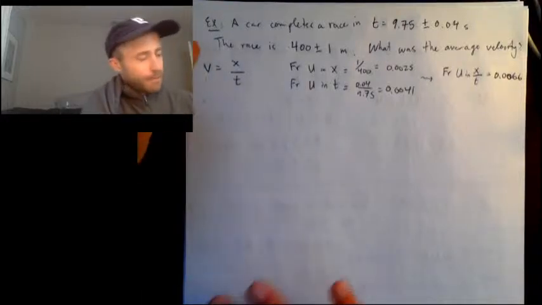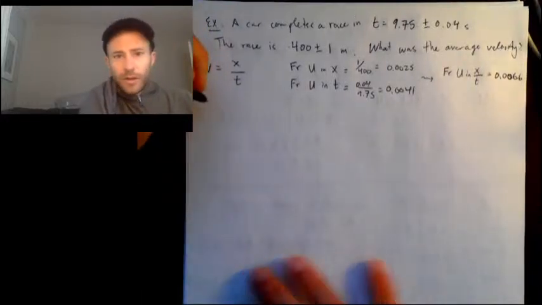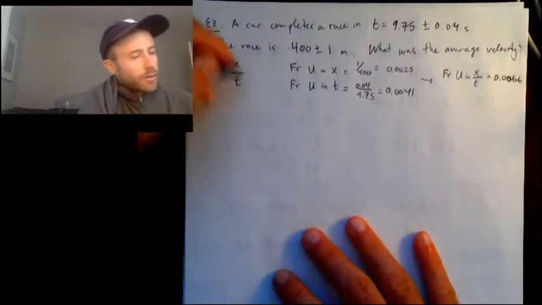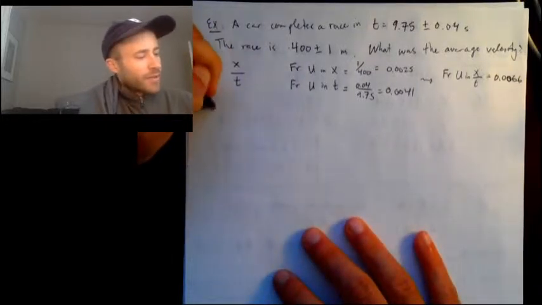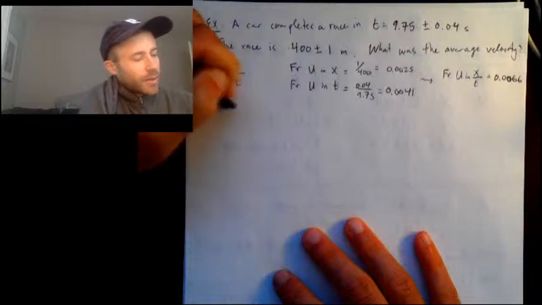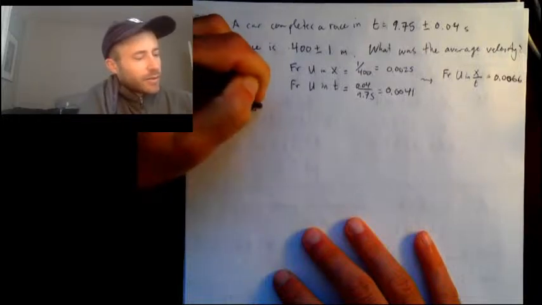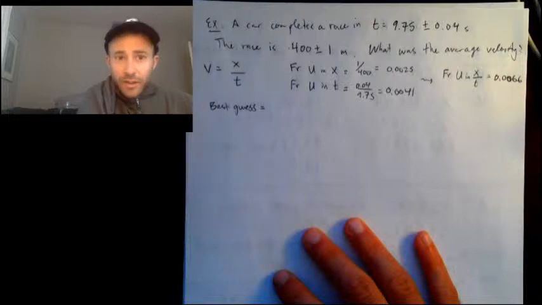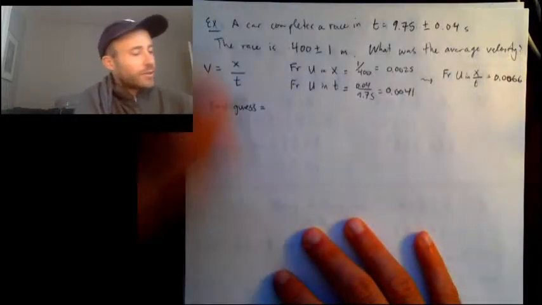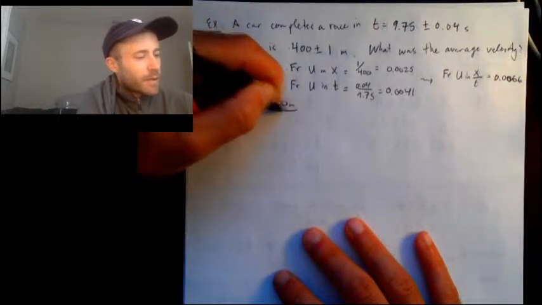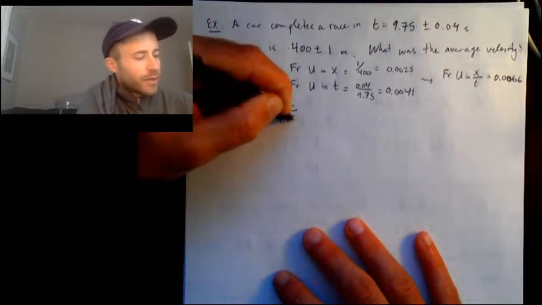Now what we want to do is get our best guess. Our best guess is going to be equal to the best guess in length of the race divided by the best guess in time. So it's going to be 400 meters in 9.75 seconds.